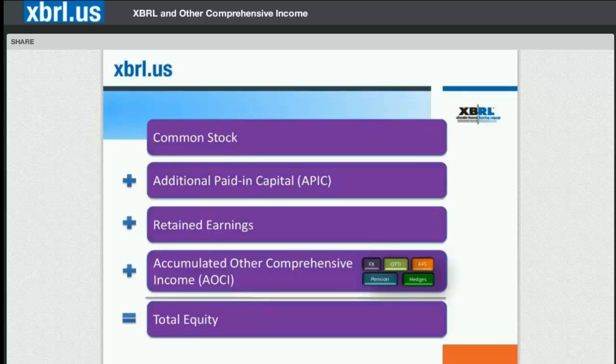As we all know, the components of stockholders' equity ordinarily include common stock, additional paid-in capital, retained earnings, AOCI, and that equals total equity. Sometimes there's treasury stock as well. Each of these equity components are shown as line item taxonomy groupings.